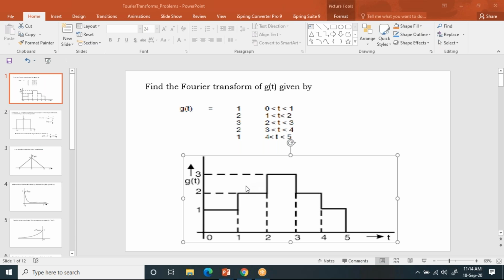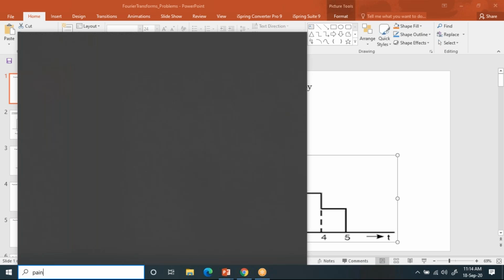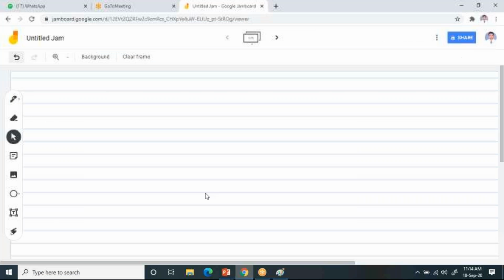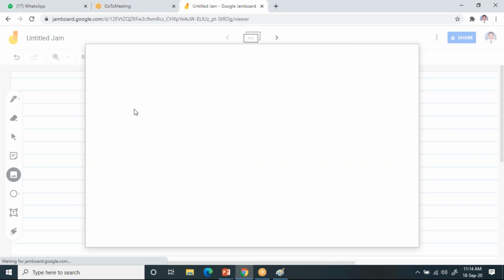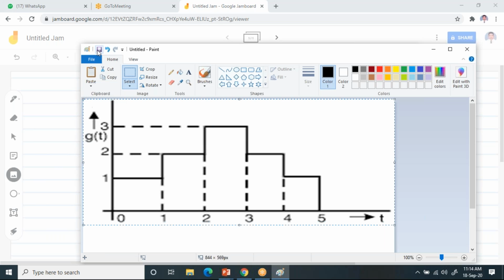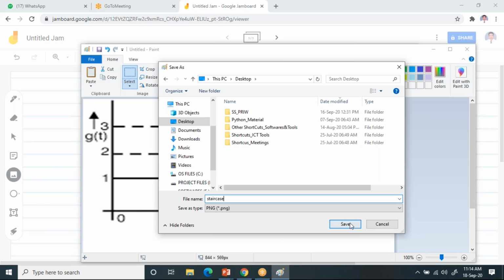Now I'm going to solve this problem. After this, I'm going to use this for solving the problem.